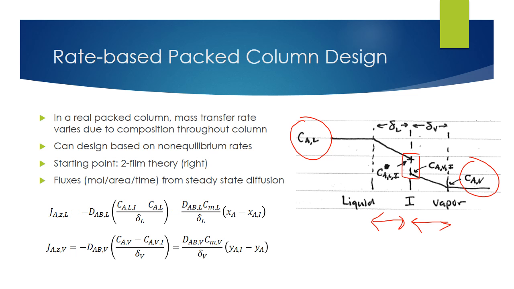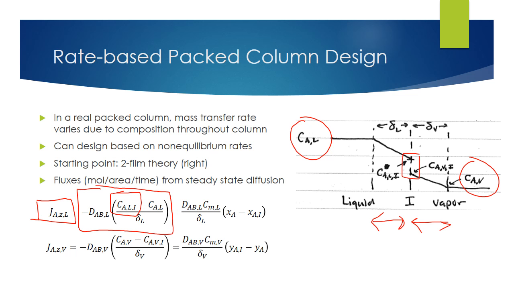So the way that we analyze this is we can calculate the flux through that liquid interface by assuming that we have steady state flux, and we know the concentration at the interface, which is C_A in the liquid phase at the interface. So if we assume that we know that, and we know the concentration in the bulk liquid, we expect to have a linear concentration profile, and therefore we can write this expression for the flux.